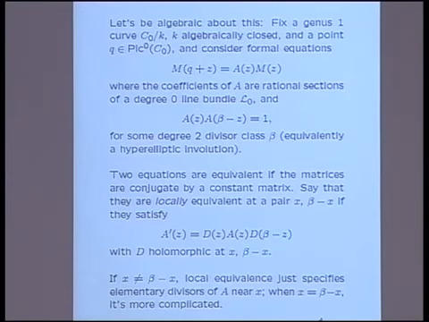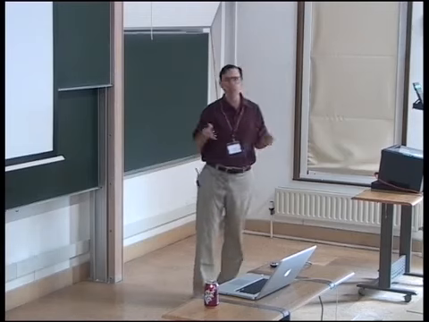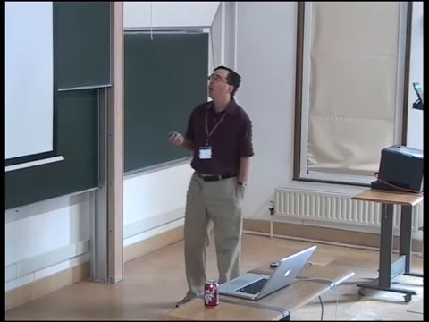Now, in general, there's a gauge symmetry here: you can multiply this matrix M by some other matrix and get a new equation which has, in some sense, the same solution space, or canonically isomorphic solution spaces.